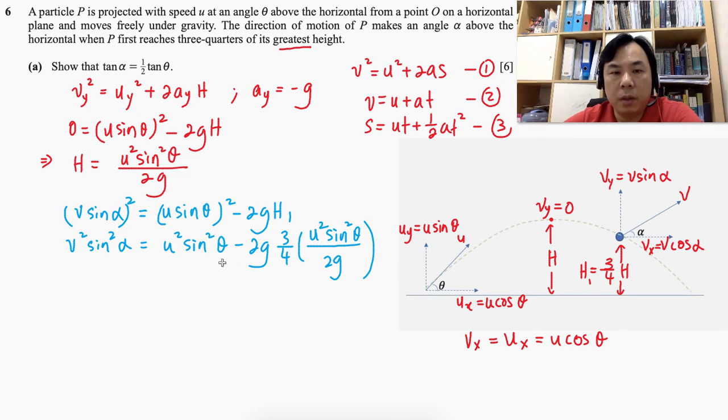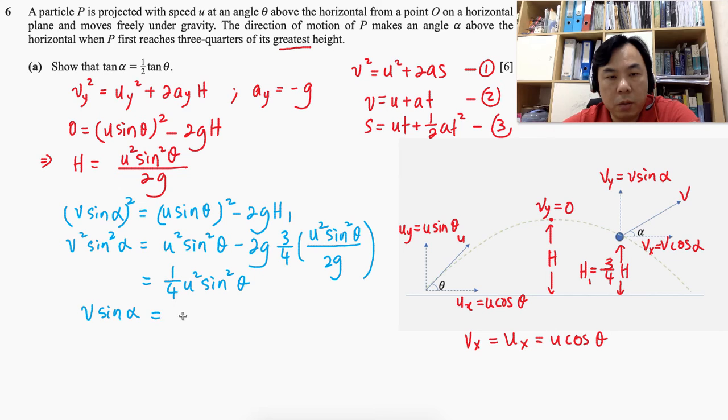So there you have it. Then we simplify our right hand expression. The 2 cancels, so you have 3/4, and then you have 1/4 u squared sin squared theta. By taking the square root, we have v sin alpha equal to u sin theta over 2.